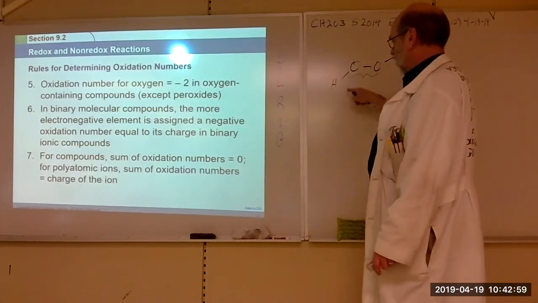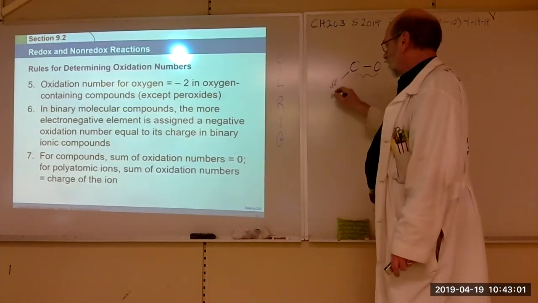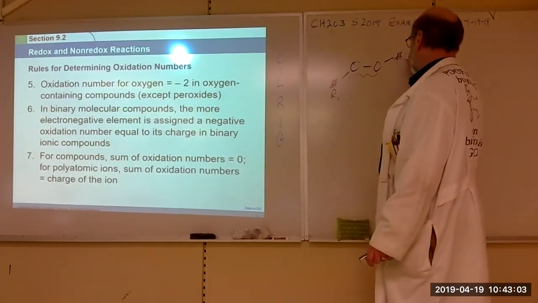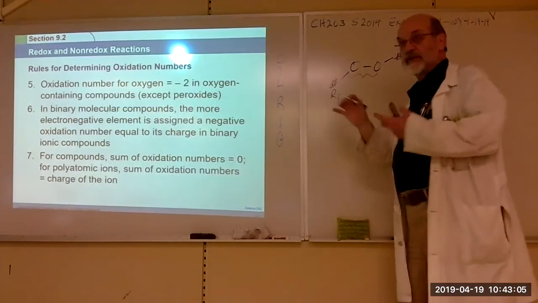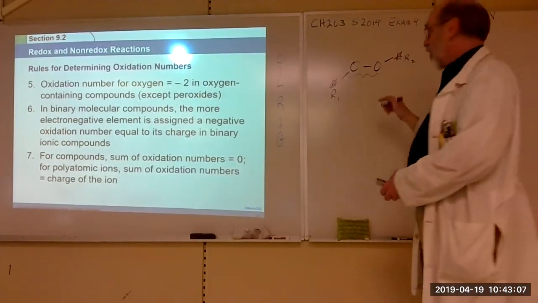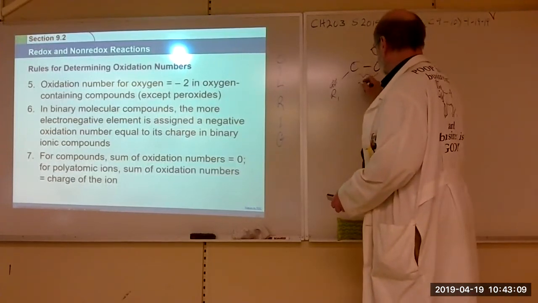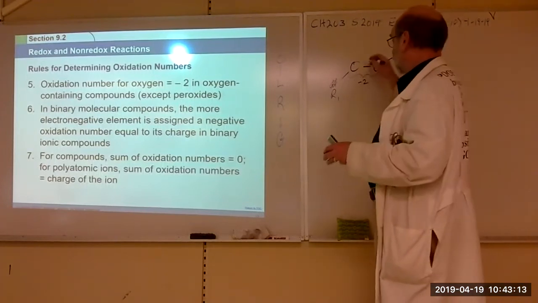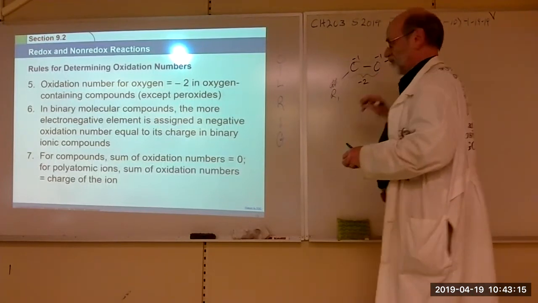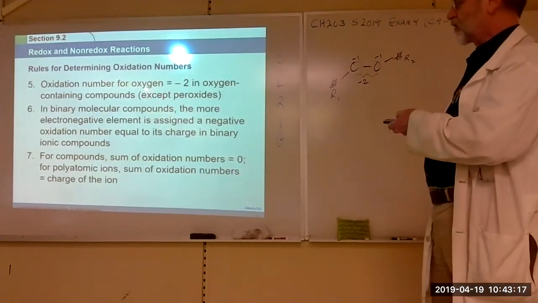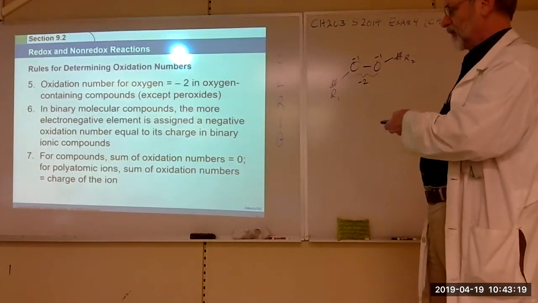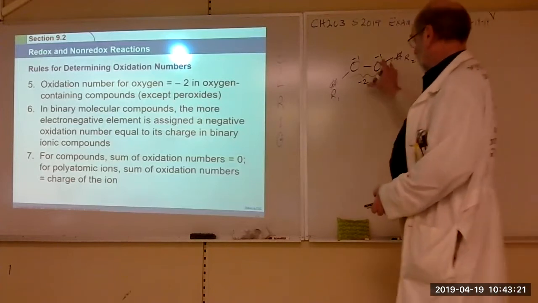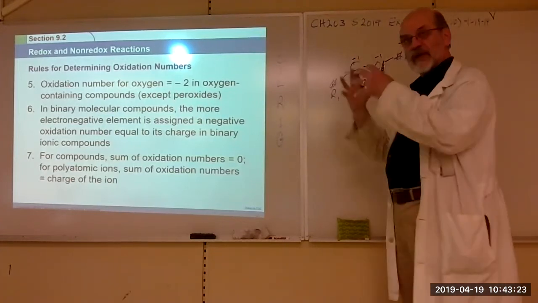This is hydrogen peroxide, but if you have some other group here and some other group there, it's still a peroxide. And the charge on both of these is -2 together. So that means each one is -1. That's why this exception is given. If you have peroxide, then you just count the peroxide as a -2 together.